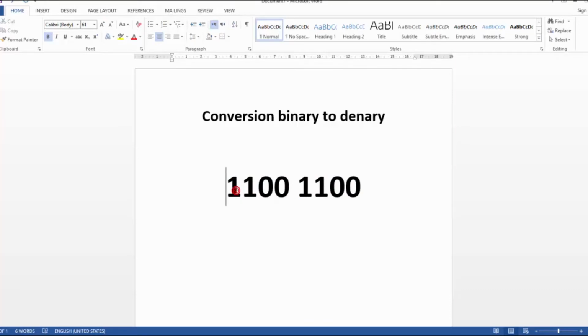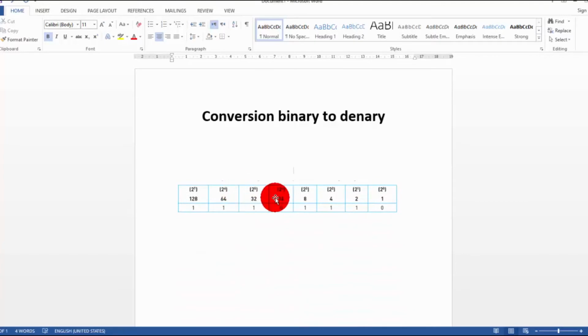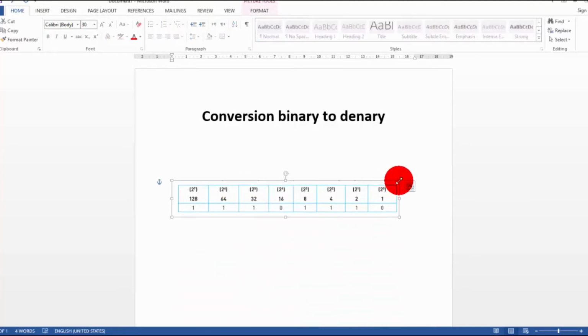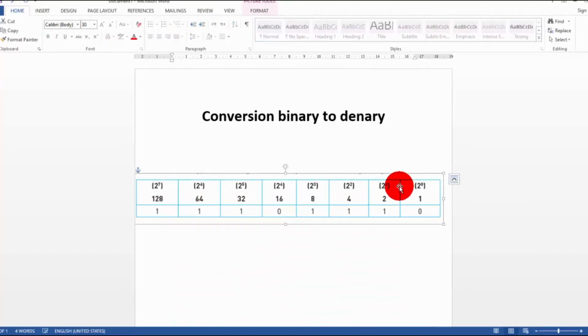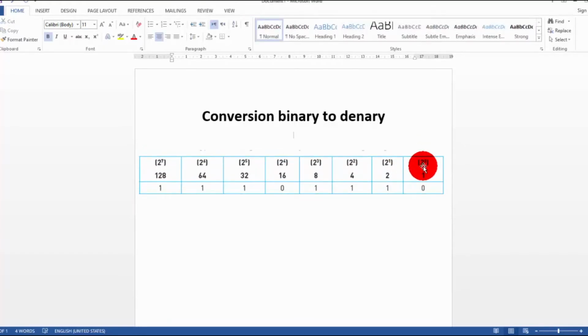Now we start the conversion, but before conversion I must explain how we do it, right? Now this is a table that you can see. Let me maximize it for you guys. As I told you in the beginning, it consists of two numbers, 0 and 1, and it has a base 2.